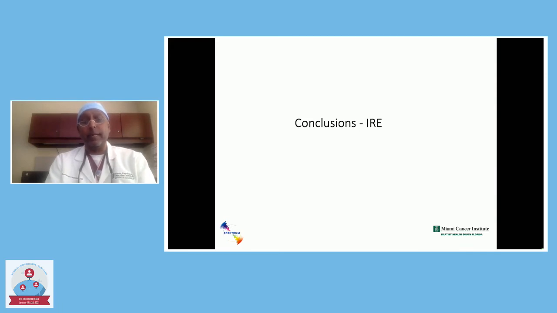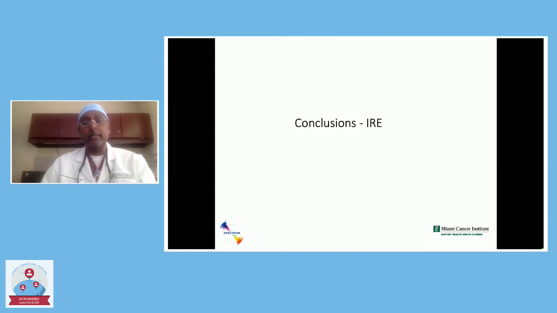because we use ablations in a significant number of patients with primary liver cancer and also in colorectal metastases. But those have been studied. The numbers are huge. Studies have been done, both retrospective and even prospective randomized trials, where we've shown that there is a value for ablation.